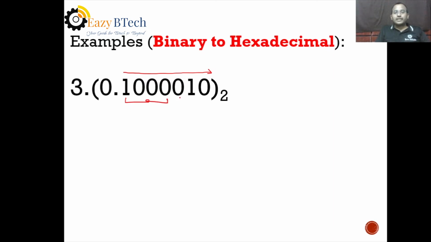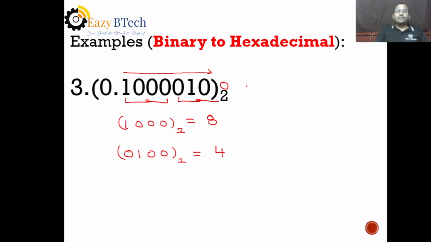So we are left with 3 bits, so we have to append one more 0. So 1, 0, 0, 0, this is the 4-bit group, and the corresponding hexadecimal equivalent is 8. Next 0, 1, 0, 0, the corresponding hexadecimal equivalent is 4.